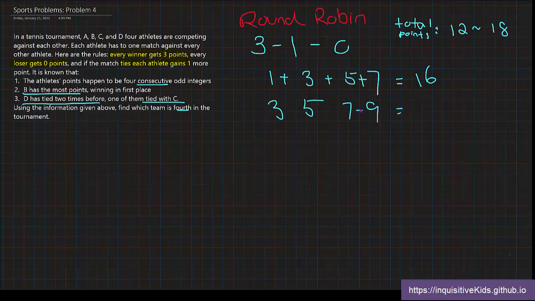Let's add 7 plus 9 plus 5 plus 3. 3 plus 7 is equal to 10, plus 9 is equal to 19, plus 5 is equal to 24.